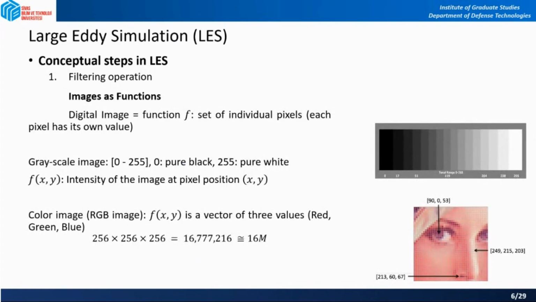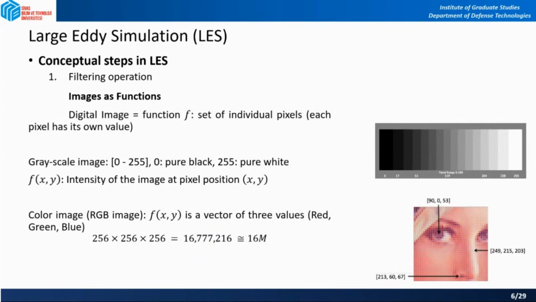So the first thing is to look at images as functions. To better understand the inherent properties of images and the technical procedure used to manipulate and process them, we can think of an image which is comprised of individual pixels.